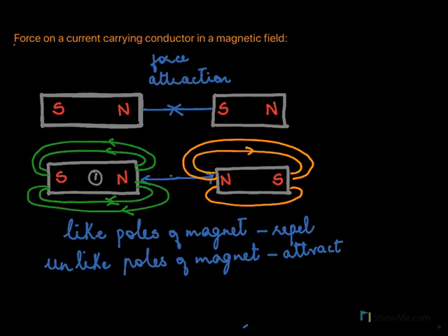Field lines emerge from the north and merge in the south. In this case, since both the like poles are close together, there is a force, but the force is that of repulsion. So when two magnetic fields interact, there is a force produced.